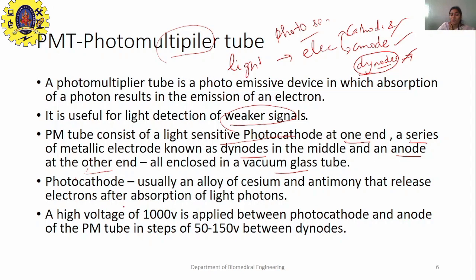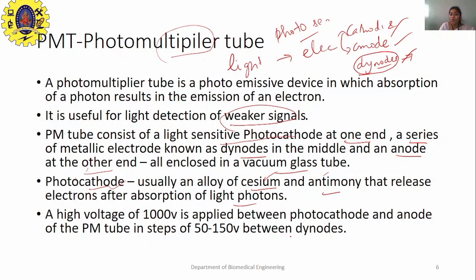If you take the photocathode, we already know this is made of photosensitive material. The chosen material is usually either cesium or antimony, because these materials release more electrons by absorbing light photons. So cesium and antimony are the materials used for making the photocathode.